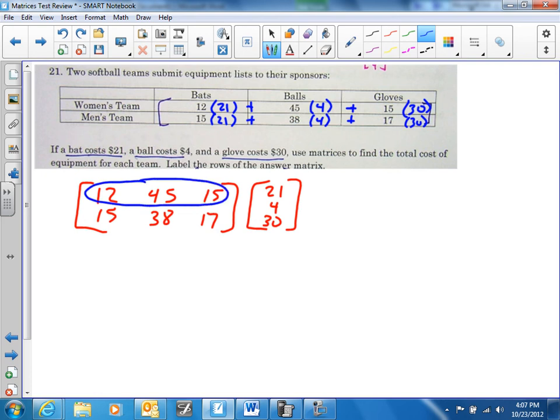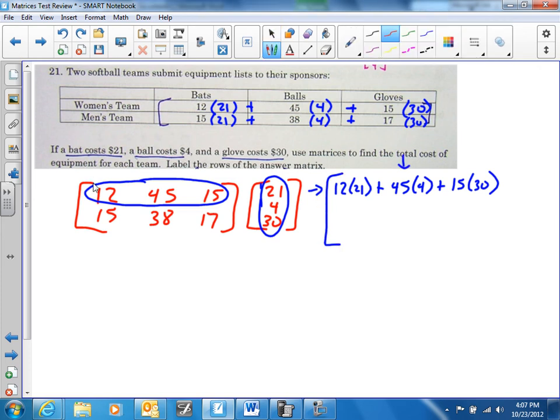Row 1 times column 1. Okay? Row 1 times column 1. So that's 12 times 21 plus 45 times 4 plus 15 times 30. That's row 1, column 1. Then you do the same thing, row 2, column 1.